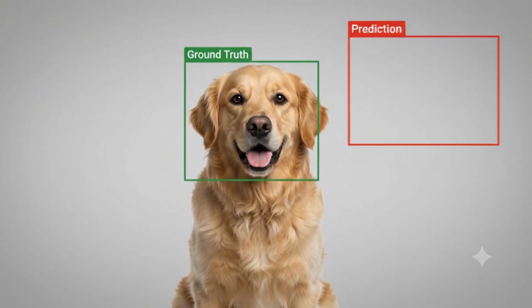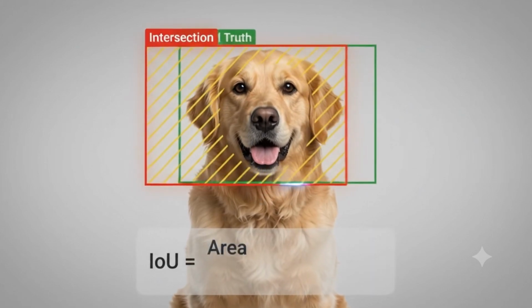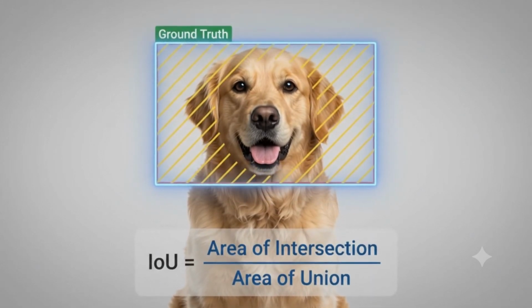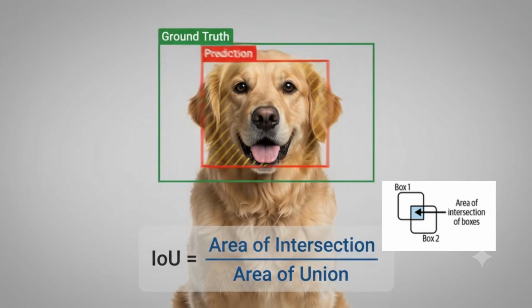Intersection over union, usually abbreviated as IOU, measures the overlap between two bounding boxes. One box is typically the ground truth box supplied in the training data, and the other is the box predicted by the model. To compute IOU, we divide the area shared by the two boxes, the intersection, by the total area covered by either box, the union. If the boxes do not overlap, the IOU is 0.